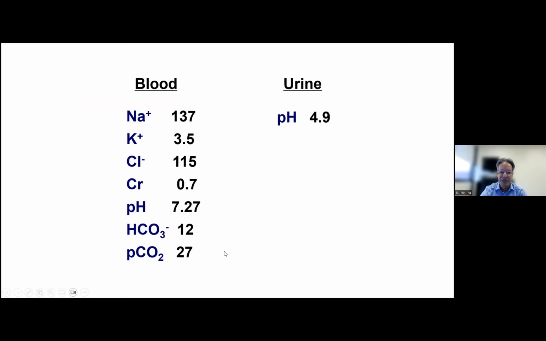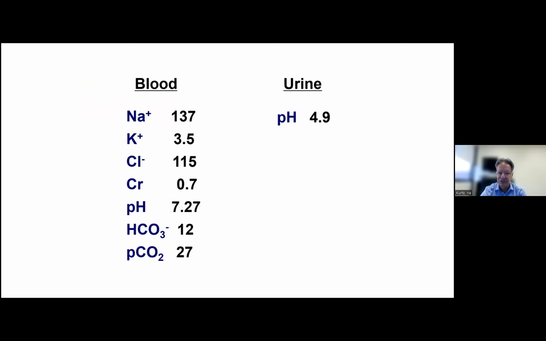Plus, proximal RTA is one of the causes of a non-GAP metabolic acidosis with a low urine pH. Now, there's a subtlety here, and we'll talk about that in a minute, in that the urine pH surprises certain people. The obvious thought is, how can you have a low urine pH when you can't absorb bicarbonate normally?